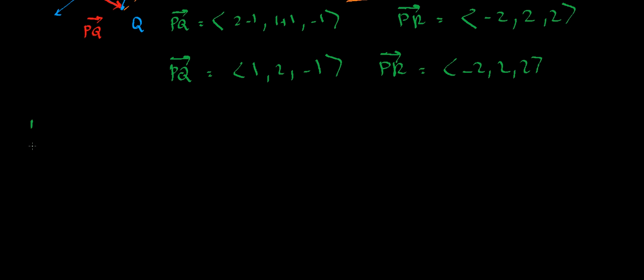Let's compute the cross product. It's i, j, k, 1, 2, negative 1, negative 2, 2, and 2.